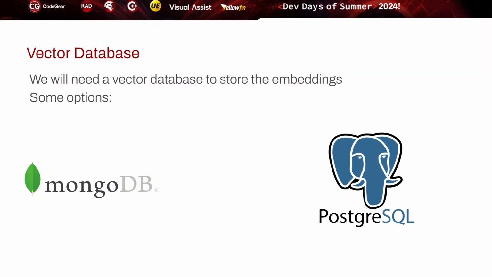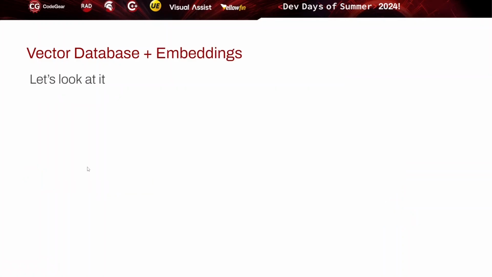We have MongoDB, which has very good support for embeddings, and we also have Postgres with the pgvector extension. Maybe other databases also have support for embeddings, but I only have contact with these two, and they work very well. For this sample, we will use MongoDB because Mongo has a great sample already created, and we will use that as a sample for us. Let's look at it.